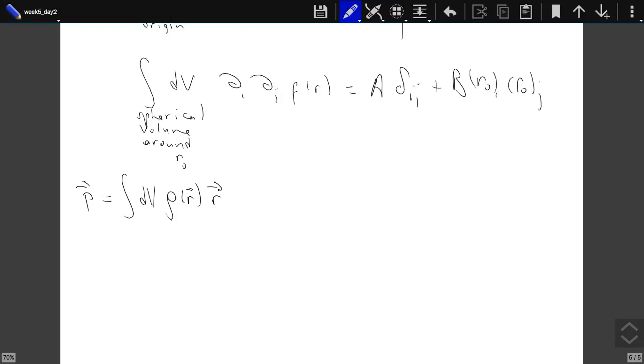Now, if I shift my origin, that just corresponds to R goes to R plus R0 everywhere. Right? So this will become the integral dV rho prime of R, where rho prime is our new charge distribution, since the charge distribution also shifted and is a different function of position, times R plus R0.